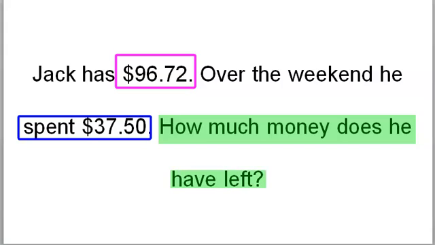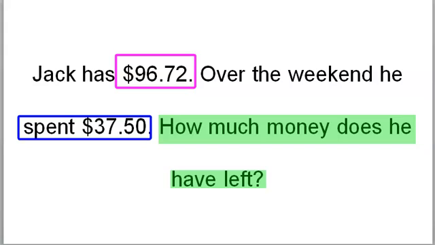All right, so thinking about this question, I want you to visualize what's happening. In Jack's pocket, he has $96.72. He's going to go to Crossgates Mall, head into Macy's or wherever, and he's going to spend $37.50 of that $96.72.